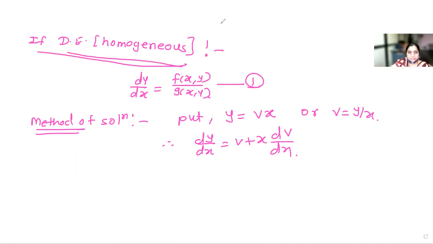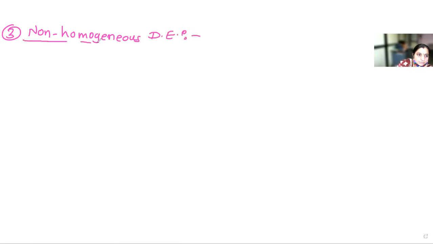Now in today's lecture we are going to see how to solve the non-homogeneous differential equation, the third type: the ordinary differential equation of first order, first degree.